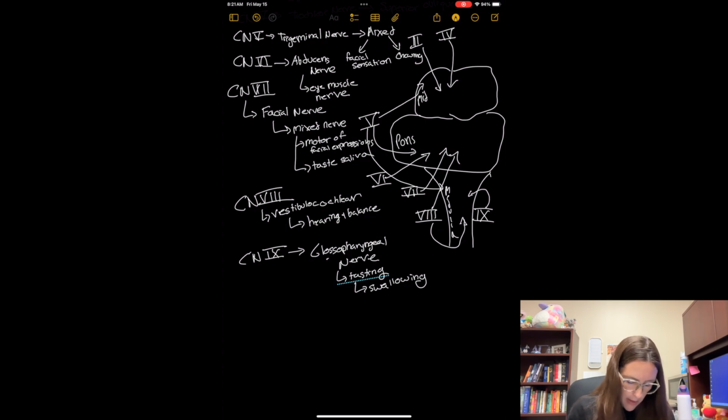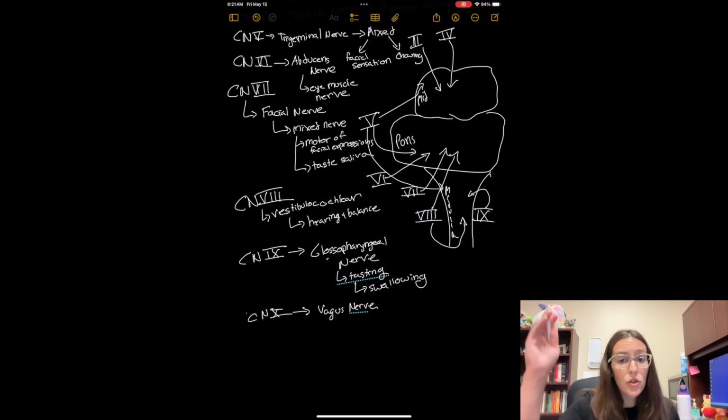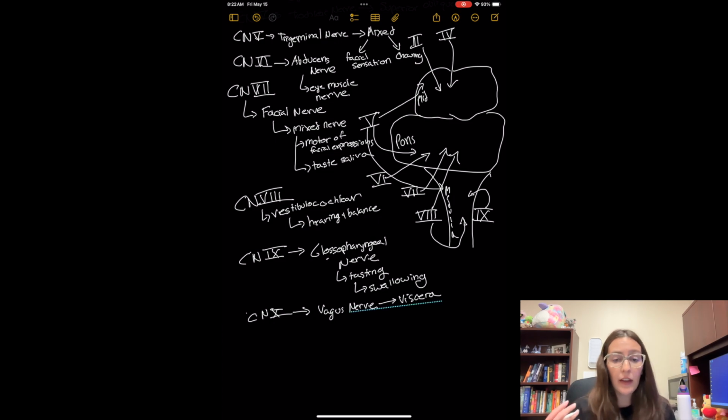Okay. Now on to cranial nerve 10, or the vagus nerve. This is also kind of a mixed nerve, and it's going to be involved in so many processes down below, thinking of viscera. Lots of control in the viscera, things like your stomach, things like your lungs, so many things that the vagus nerve controls within your torso.